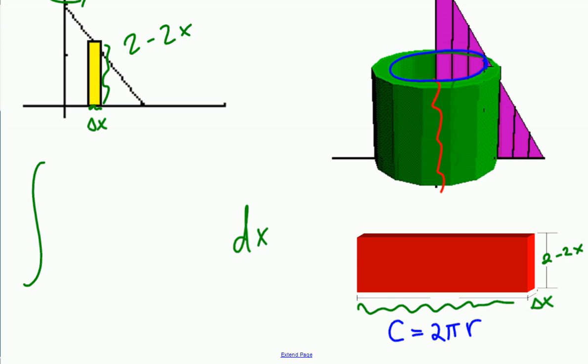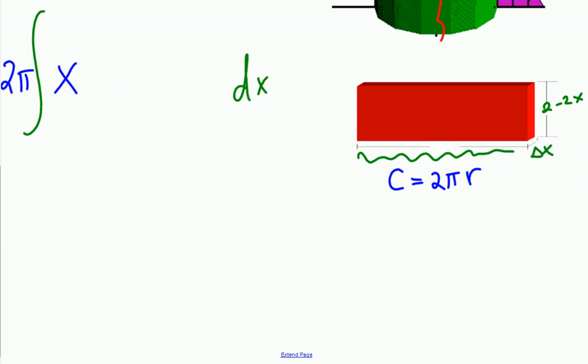Now we have to figure out what r is, but r is the distance from your axis of rotation to your rectangle. You can see that is your r value, which is just x. So therefore our circumference is just going to be 2 pi x.